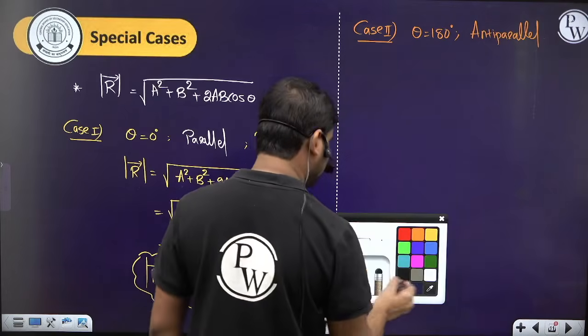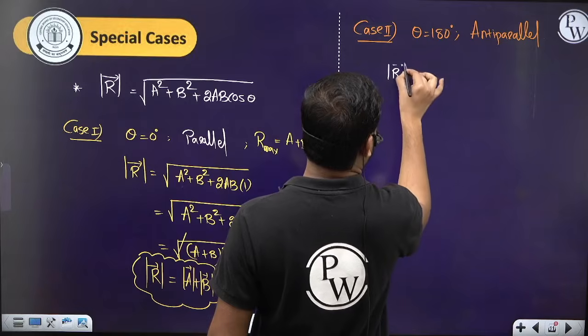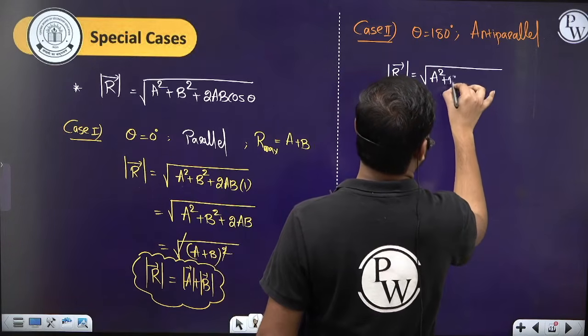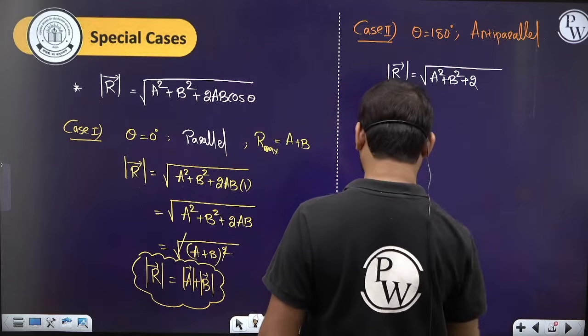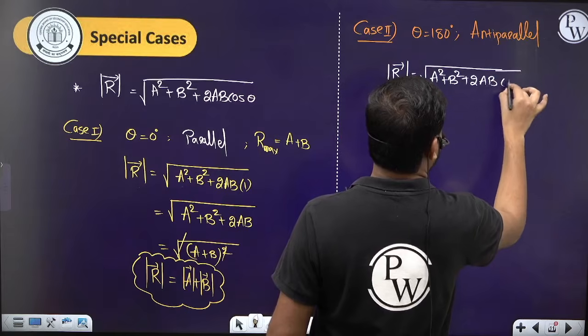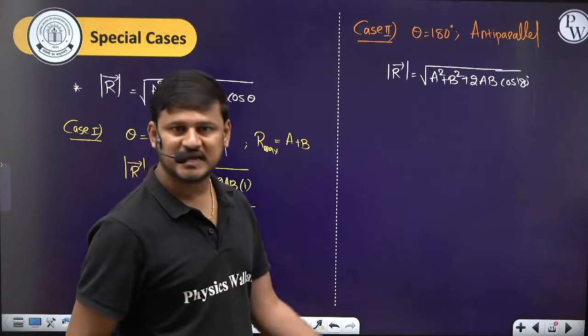Anti-parallel vectors, right? So from here I can write the resultant formula, which is square root of a square plus b square plus 2ab cos theta, right? So from here, what is cos 180? Already we have seen it in the basic maths. Cos 180 is minus 1, right?